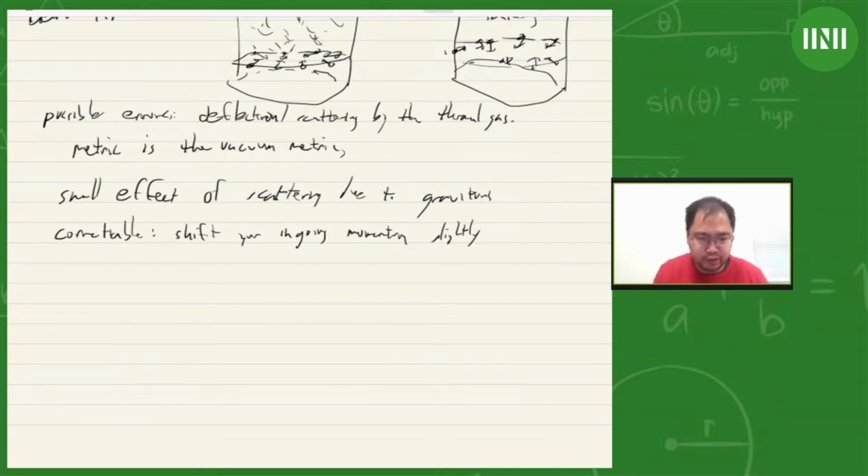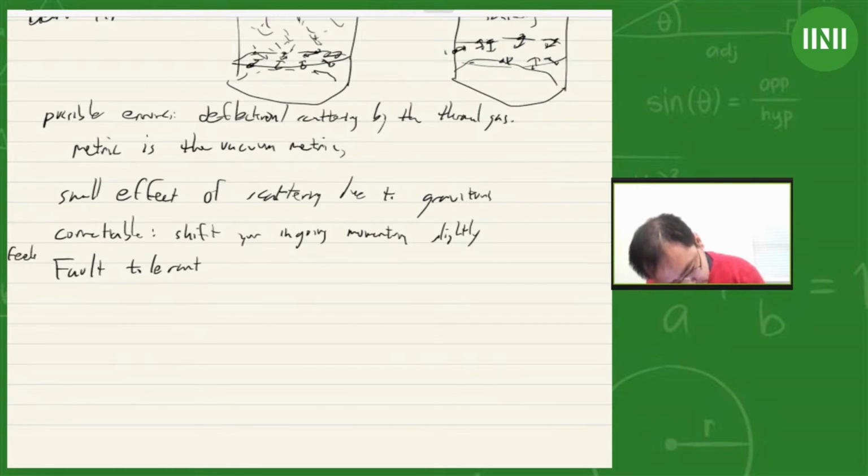You make your wave packets deviate slightly away from the possible sources of error, or you just ignore it, and this is intuitively correctable. So this feels intuitively fault tolerant. I'll give a better argument for why it's fault tolerant later, but the bulk cartoon is intended to suggest to you first why this is not a crazy idea. Well, that this part isn't crazy. Feels fault tolerant. Okay.